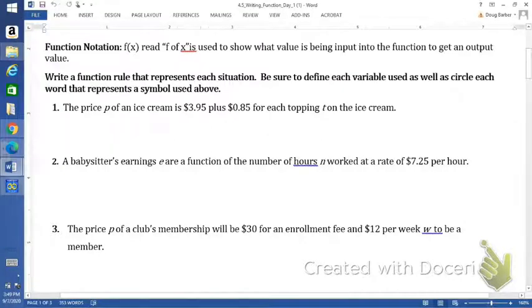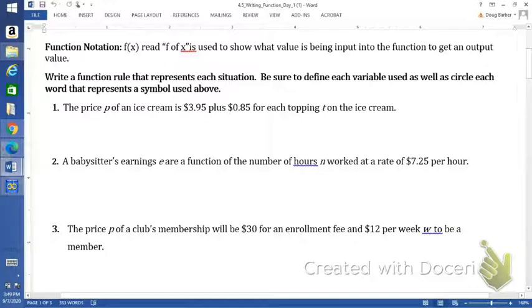Now in the following examples, we're going to do all of the evens, and it's up to you to do all of the odds. And we're going to write a function rule that represents each situation. Be sure to find the variable used, and we're just going to focus primarily on that.